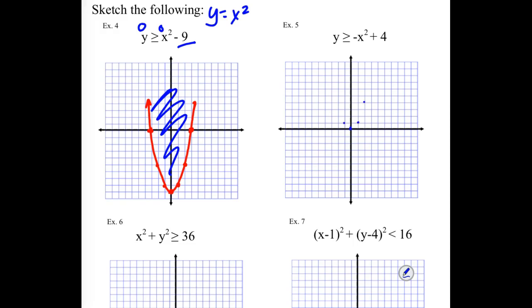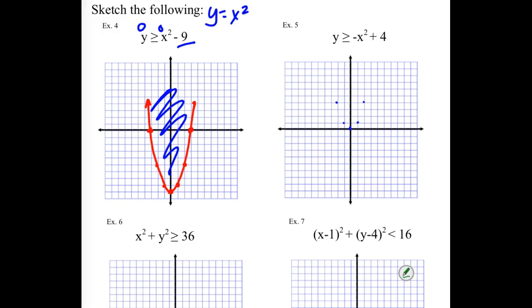Okay, so again, I'm going to start with my original parent function points. Flip it upside down and move it up 4. So the vertex, if I flip it upside down, it's still at 0, 0. Moving it up 4 gives me a vertex there. Okay. The point 1, 1, if I flip it upside down, reflected over x, it's there.